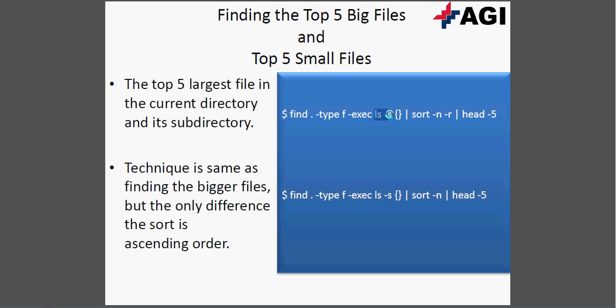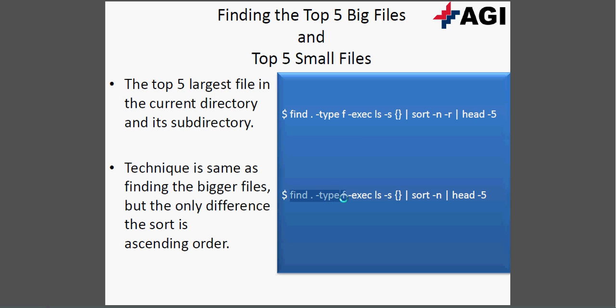So here the ls minus l will list the files according to their size, and I use the output from this and pipe it to another Unix command called sort, which will sort it numerically, and the minus r here means sort in descending order. And then I use the head command to just grab the first 5 big files.